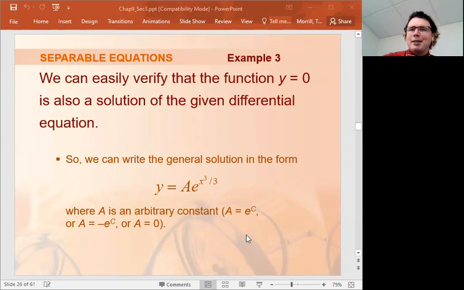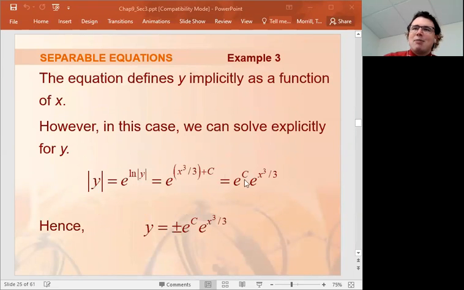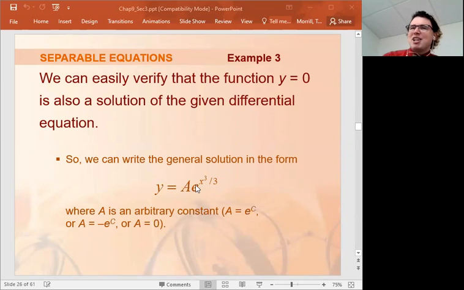So no matter what, I know that y is going to be equal to some multiple of e to the power x cubed divided by 3, which tells me that I'm really just solving for y equals a times e to the power x cubed on 3. The short of it is that anytime we see e raised to a power that's a constant, we're going to be solving for that constant anyway, so I might as well just call that a constant by itself.